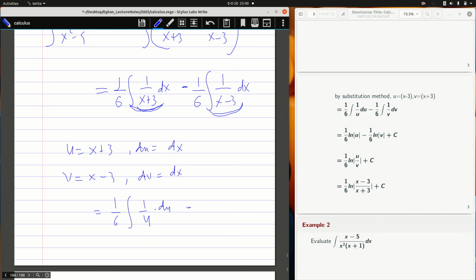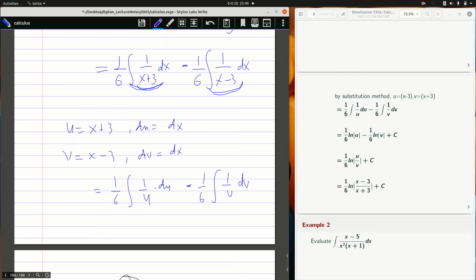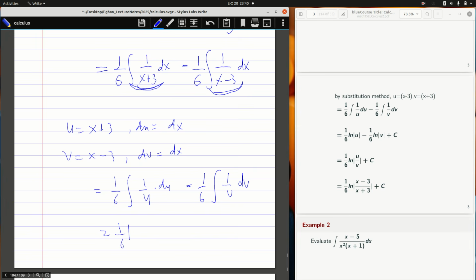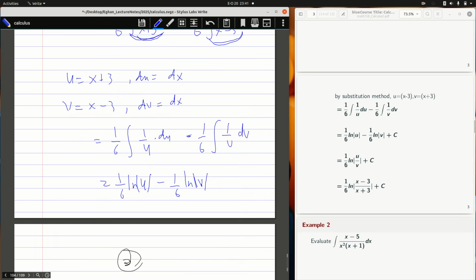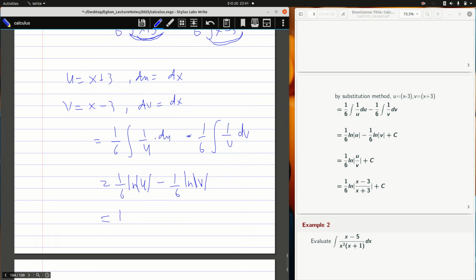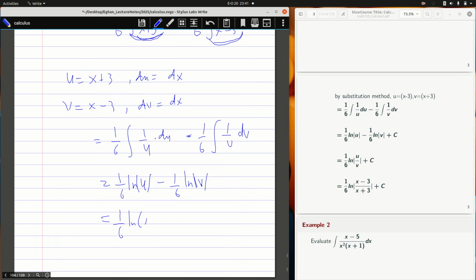Minus 1 over 6 times the integral of 1 over v dv, and this is where the ln comes in. So 1 over 6 ln of absolute u minus 1 over 6 ln of absolute v. When you are done, you have to do a back substitution where your u was x plus 3, and your v was x minus 3, and that is the final answer plus some constant of integration.